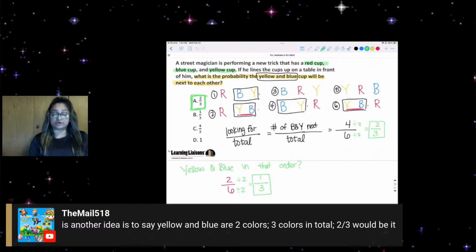Because those words can mean the biggest thing, how to solve. And if you don't know how to solve, then you just messed up. Look at that. 1/3 is also an answer choice. All right, so take your time and read through your problems.